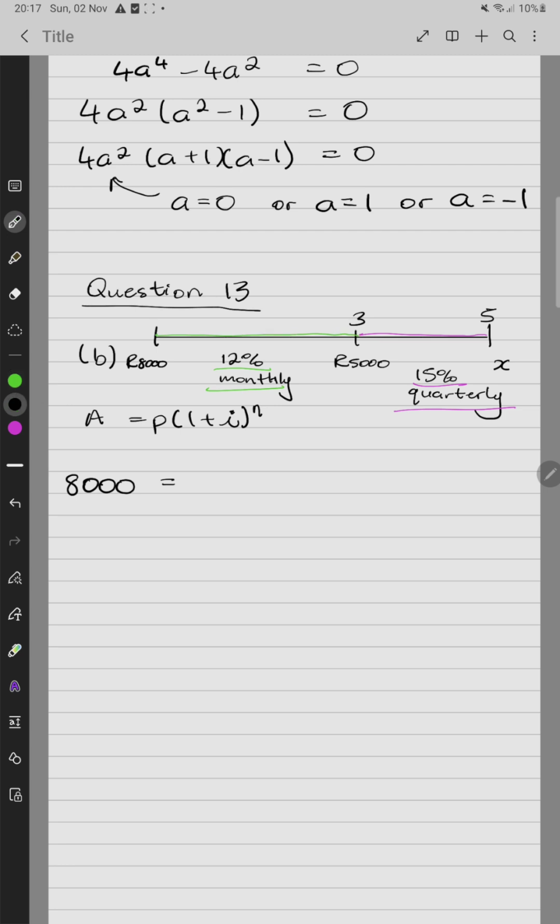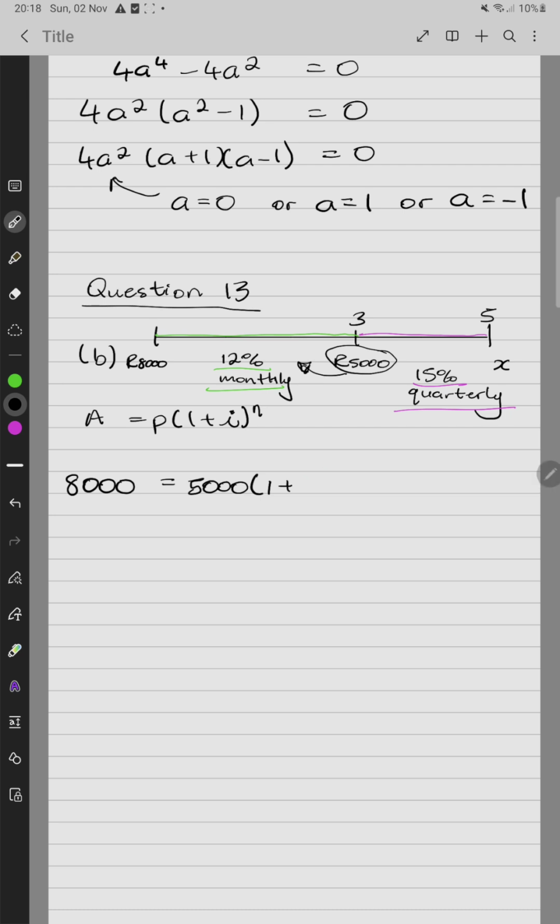Now let's ask ourselves, this 5,000 Rand that he paid was to offset a certain amount that he owed. Now we need to figure out what that amount was. Well, we can work that out. And the way we do it is we say 5,000 times 1 plus, because he needs to offset the amount he owes, we work backwards and we use a minus.